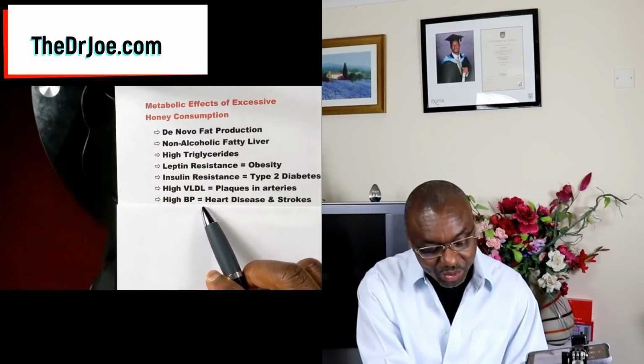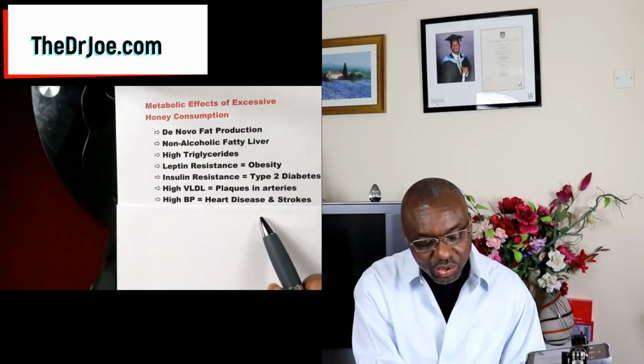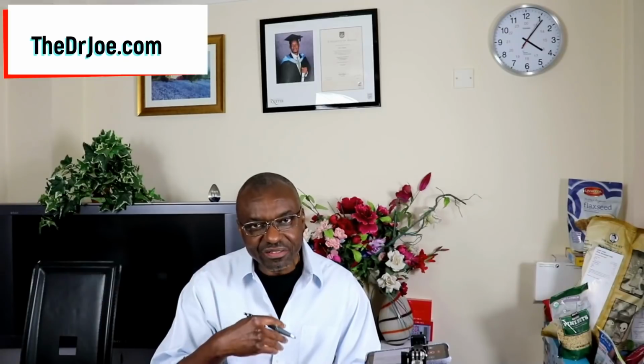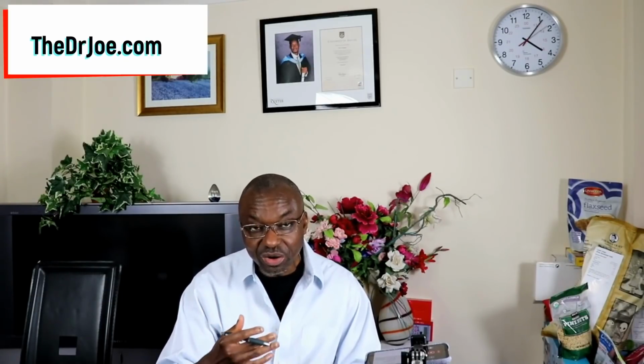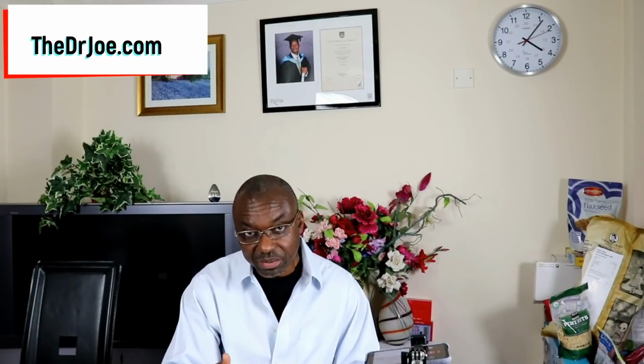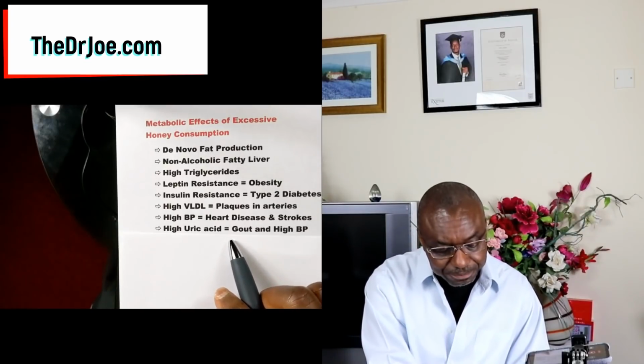And high blood pressure, one of the complications is heart disease, another is strokes. So you can see that we're having this steamrolling effect of excessive honey usage leading to all sorts of metabolic issues.